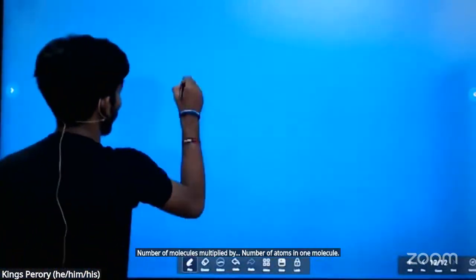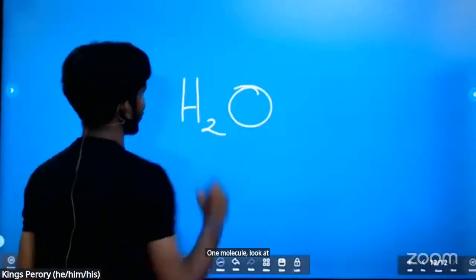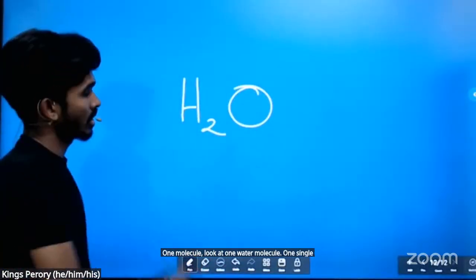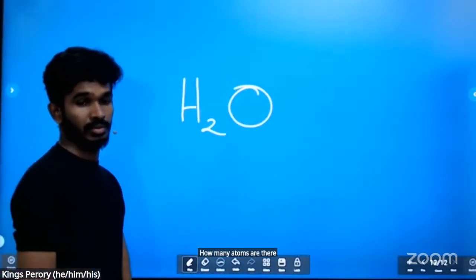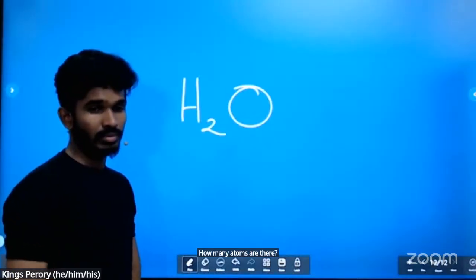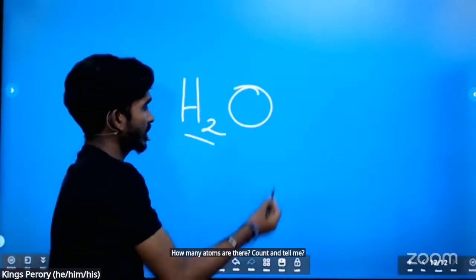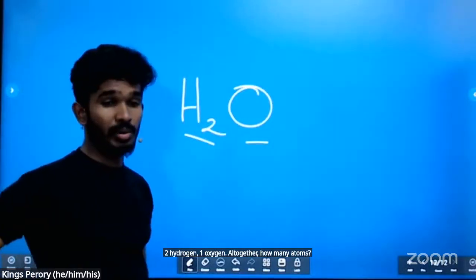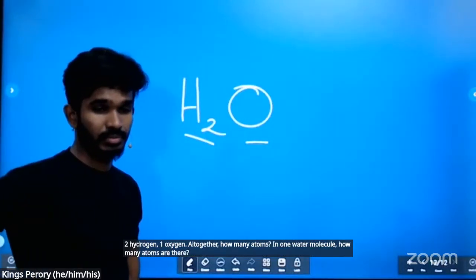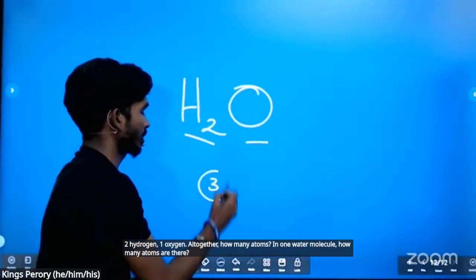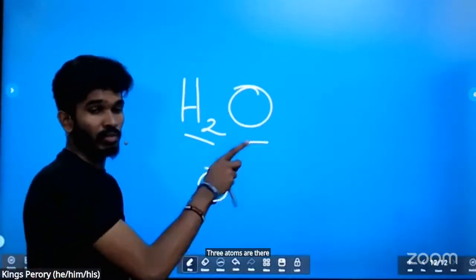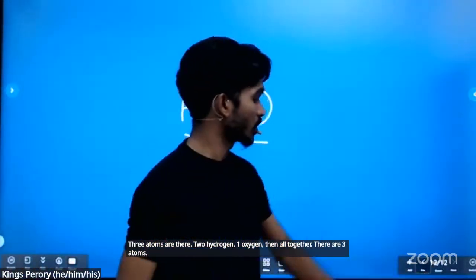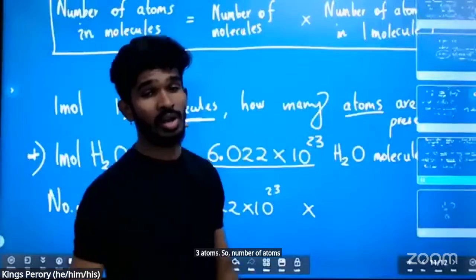Look at one single water molecule. How many atoms are there? Count and tell me. 2 hydrogen, 1 oxygen. Altogether 3 atoms are there. So number of atoms in one molecule is 3.